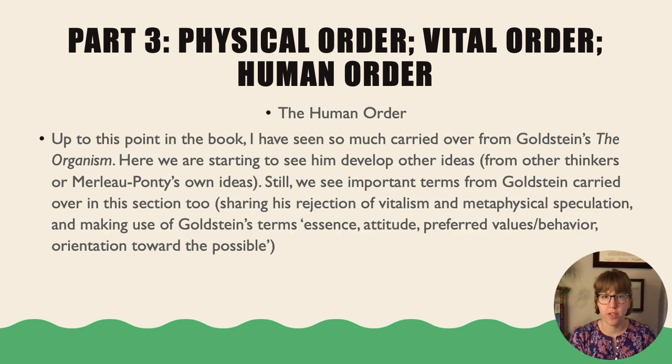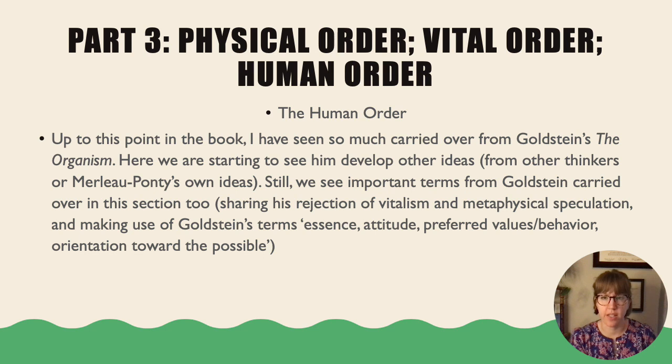Okay, so I do want to say that we are kind of in this transition point where up until now, his ideas have so much been the same ideas that we saw in Goldstein's book, The Organism. Not 100%, but a very, very strong presence in this book from Goldstein. So here we are going to start to see him develop other ideas.